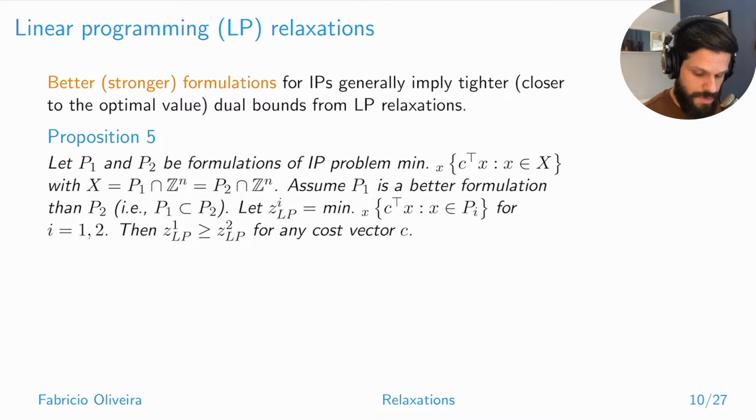So here is a proposition that I'm not proving. If you have P1 and P2 as two formulations for your IP, and we say that P1 is better than P2 if this is the case. And look, what is going to happen is that if you look at the objective value of that relaxation, that bound is going to be tighter for P1 than for the one that is worse.